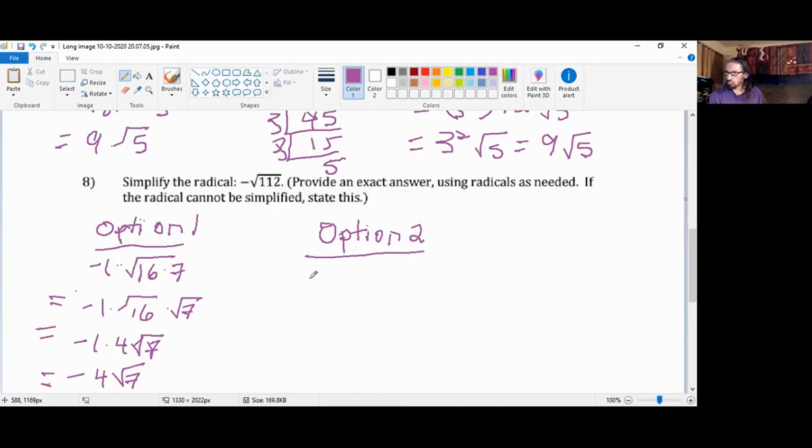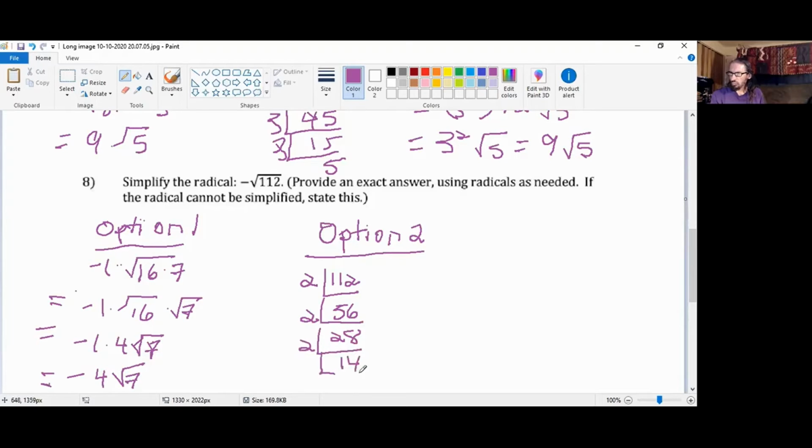We could do the prime factorization. 2 is the smallest prime that'll go into 112. It goes in 56 times. 2 goes into that 28 times. Into 28, 14 times.